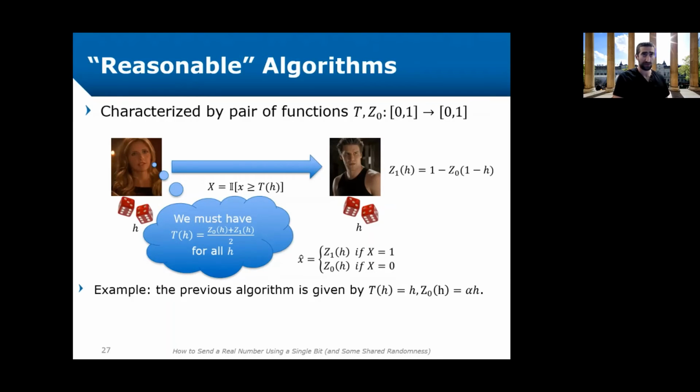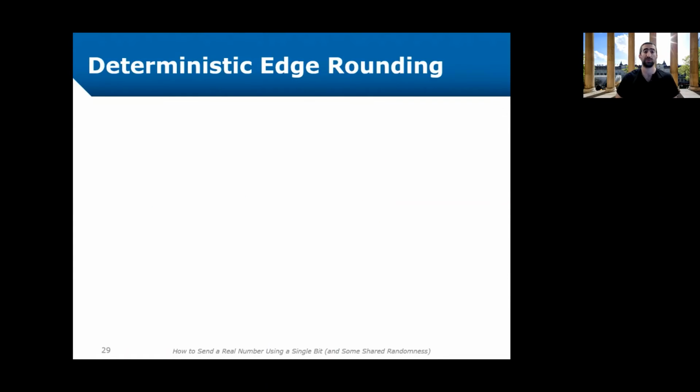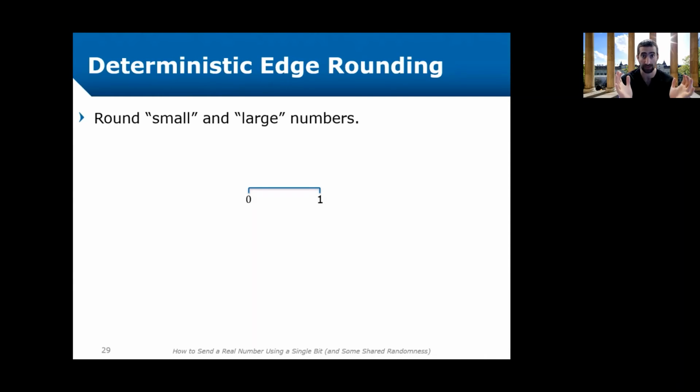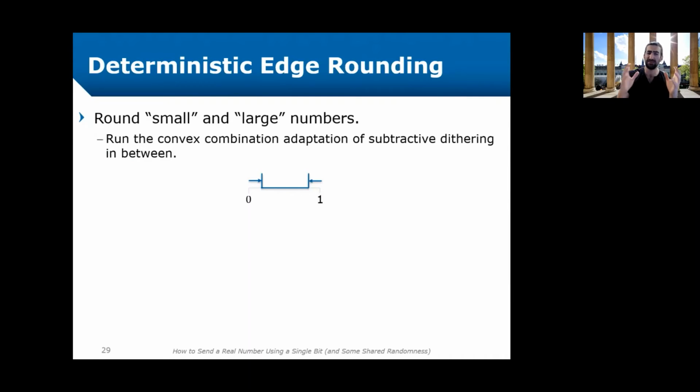Okay, so let me give you some improvement over this convex combination idea. The idea here is what we call deterministic edge rounding, which basically says if the number is too small or too large, just round it deterministically. So instead of looking at numbers in the range 0, 1, I just look at a smaller range. In between, we will still run the same convex combination.